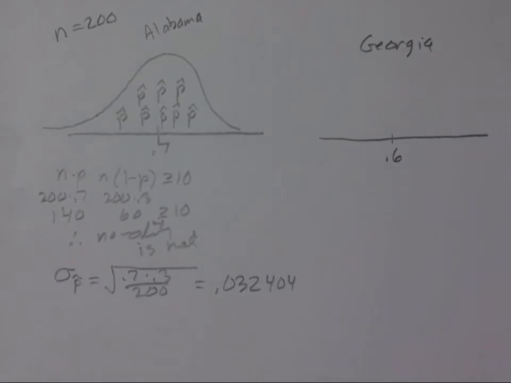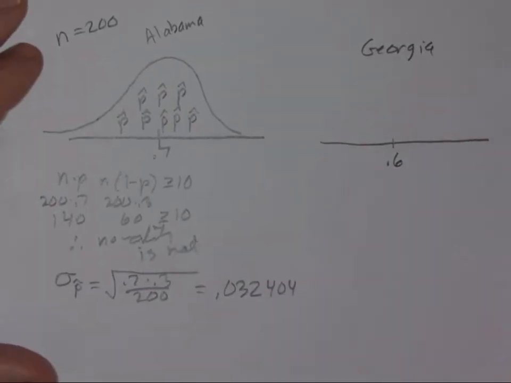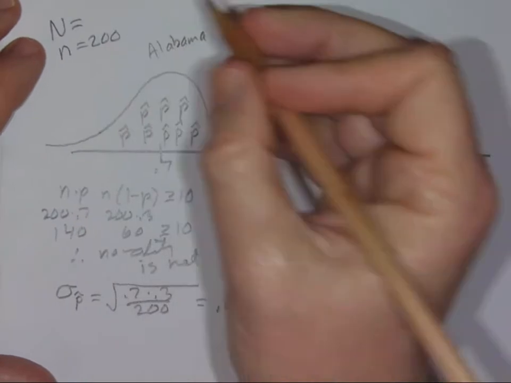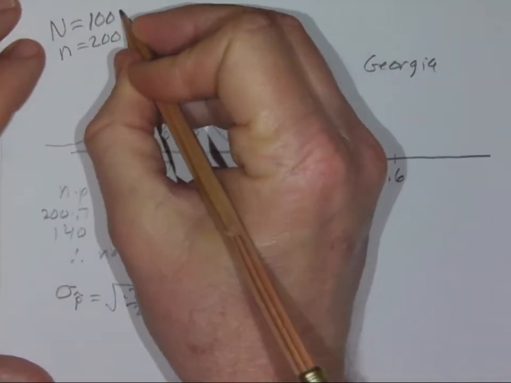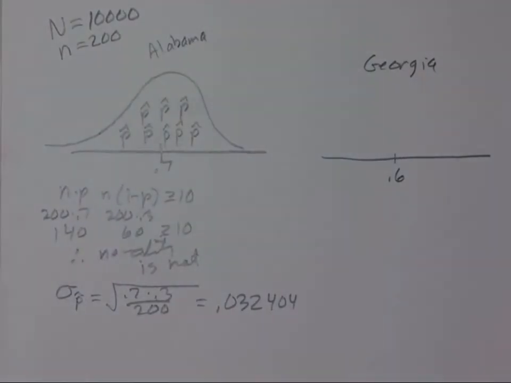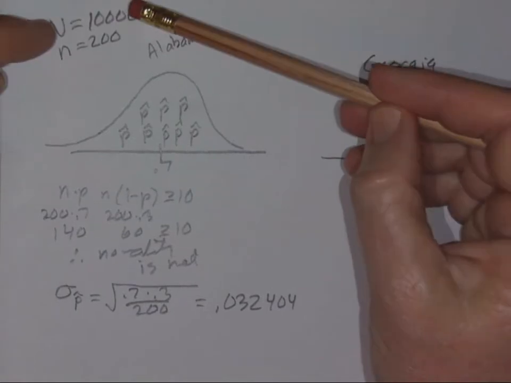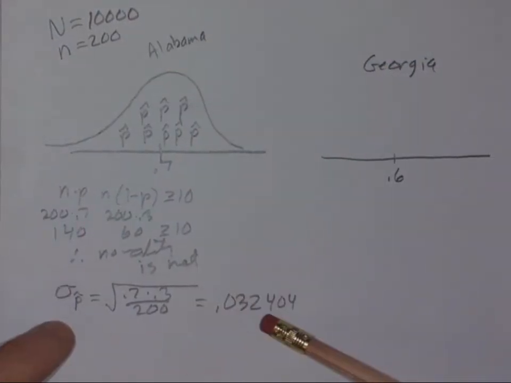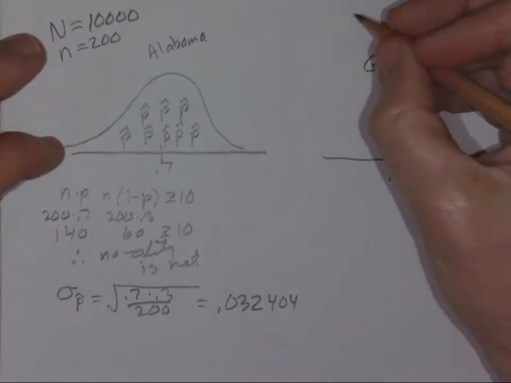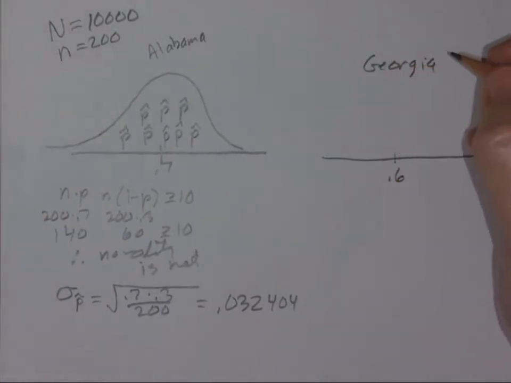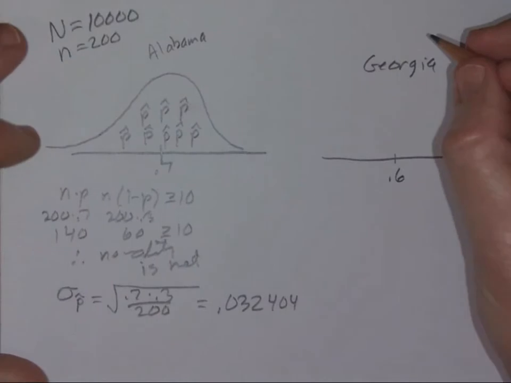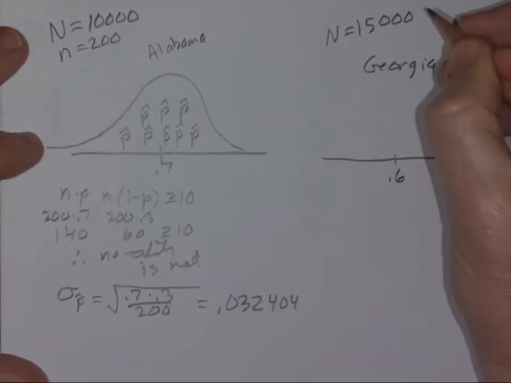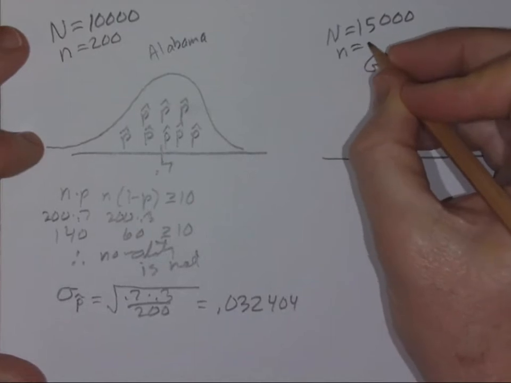If you did a census, and going back to the Alabama company, let's say our big N, that's the whole population size, is 10,000. And it's important that the population size be at least 10 times the sample size. That ensures our formula for our standard deviation works. And so let's say, for instance, the franchise in Georgia has 15,000 customers, and let's just say we take a sample size of 250.